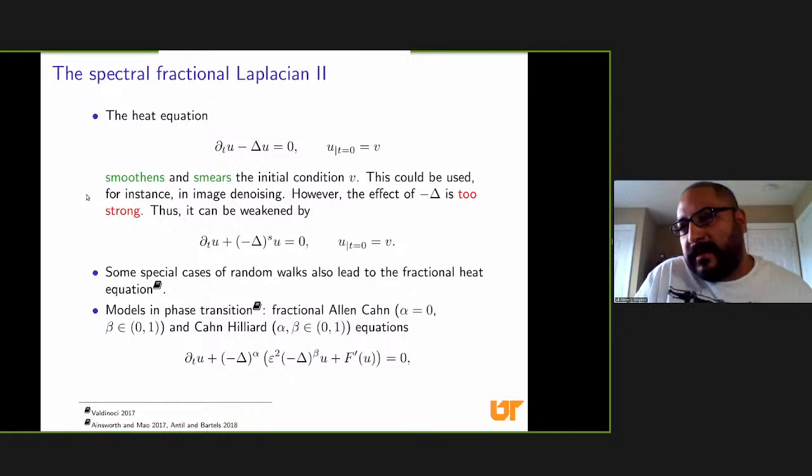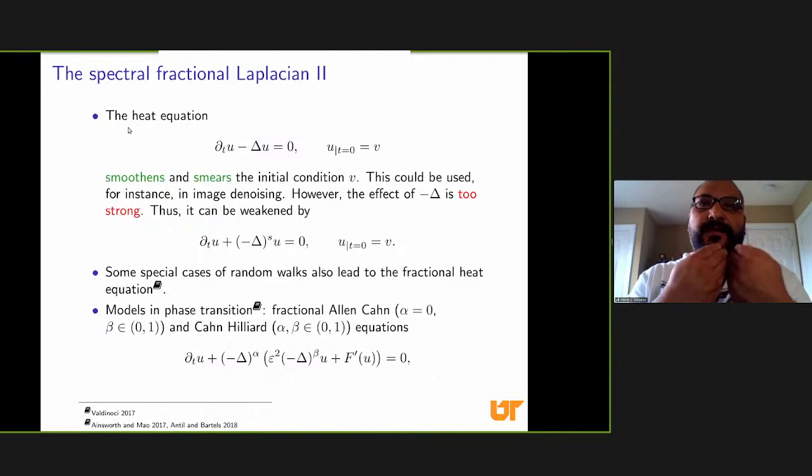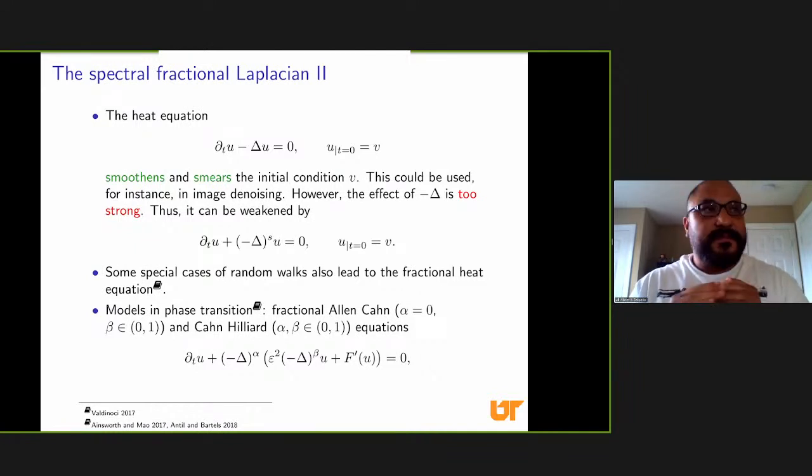And in the very early days, this was proposed as a model for image denoising, right? Think of a noisy image. You run the heat equation for a little bit with it, and that is going to smoothen out the solution. That means that you're going to remove artifacts, oscillations, for instance. However, it turns out that the effect of the Laplacian there is too strong.